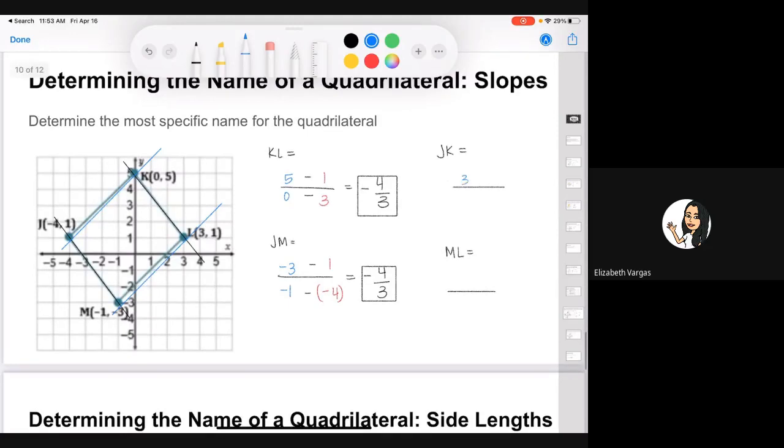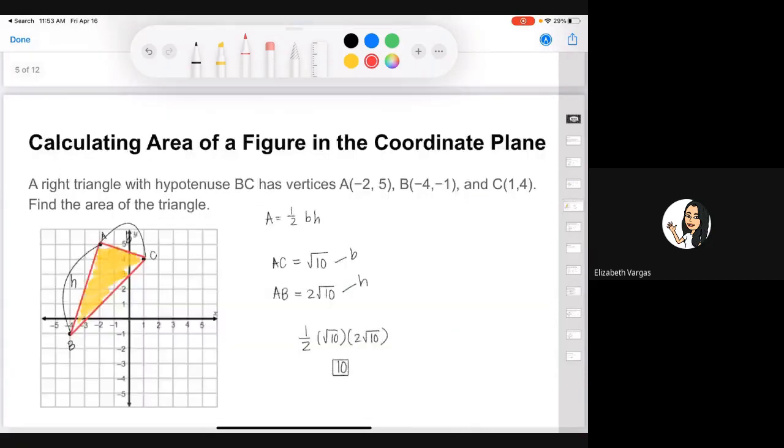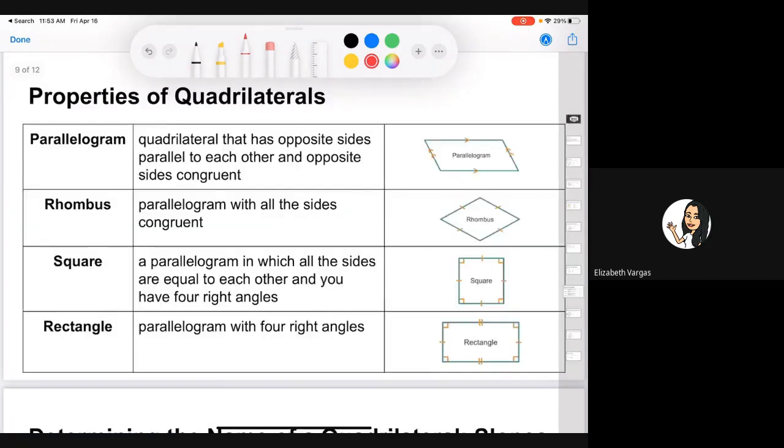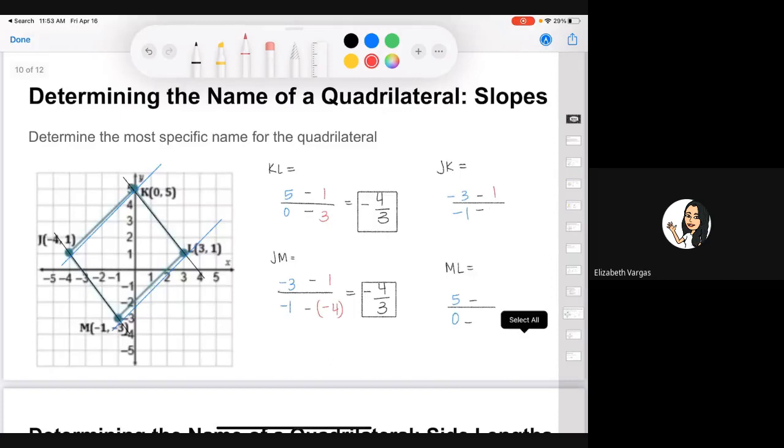Trying to do this as fast as possible because I'm sure this is a lot of review. 5, 0. One. This will equal 1, and this will equal 1.